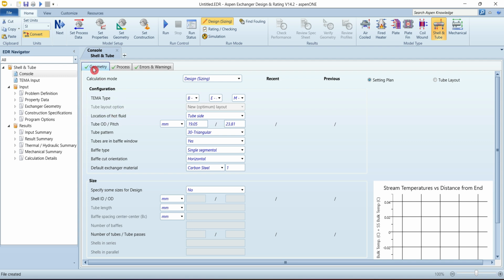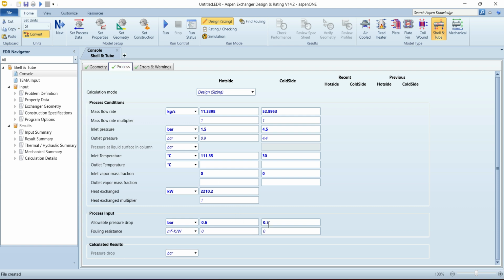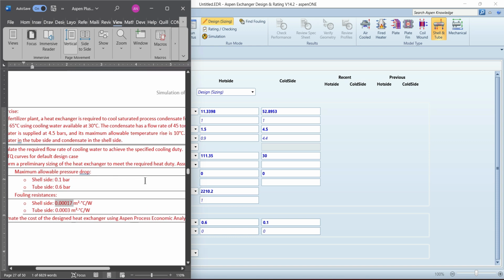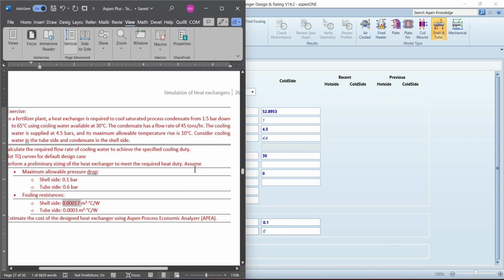If you notice in the geometry tab, it also gives another indication of where the hot fluid is. Hot fluid is in the tube side. So just to cross-check. And then the fouling resistance, shell side is 0.00017.